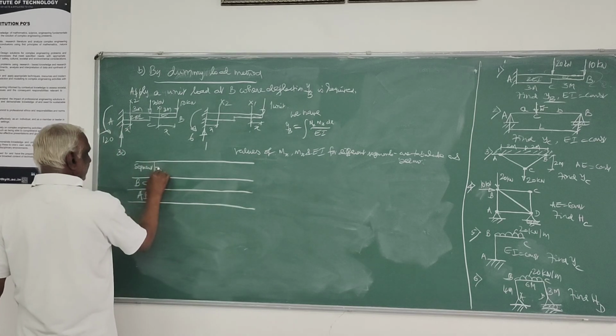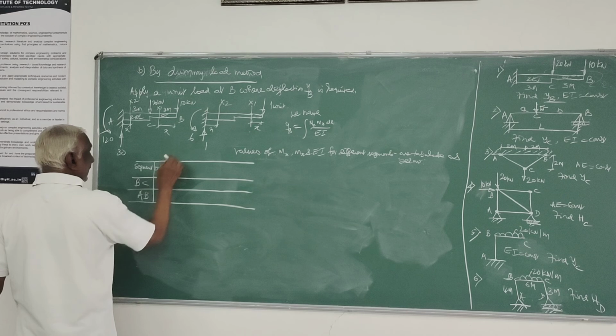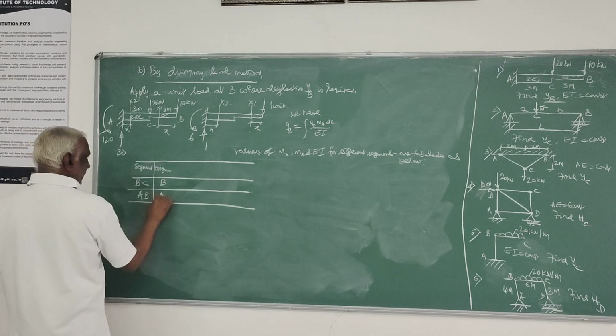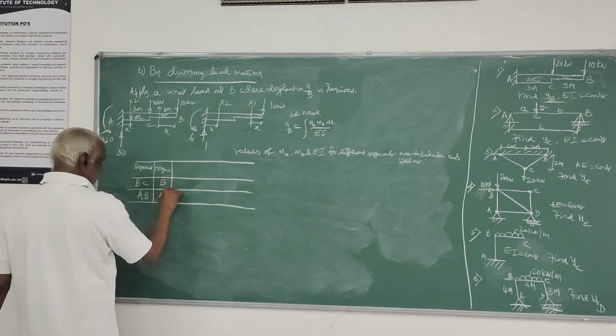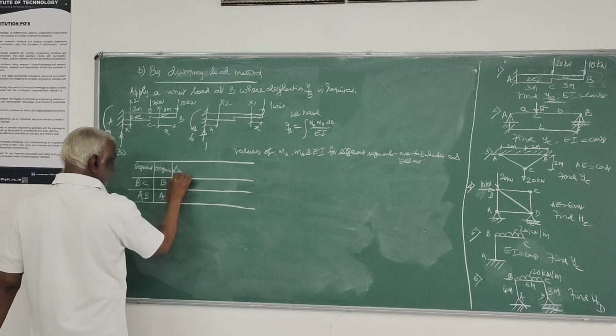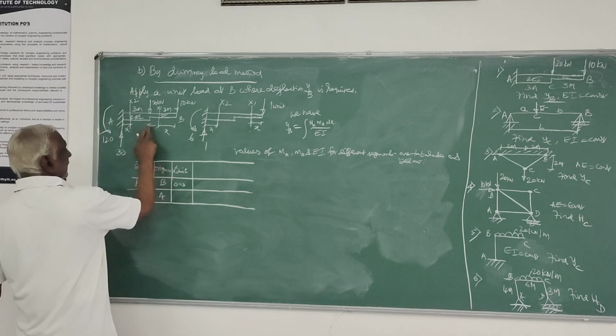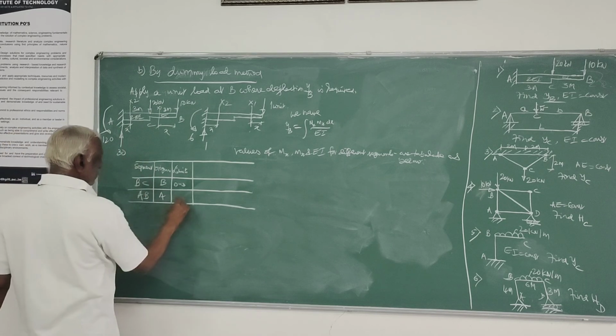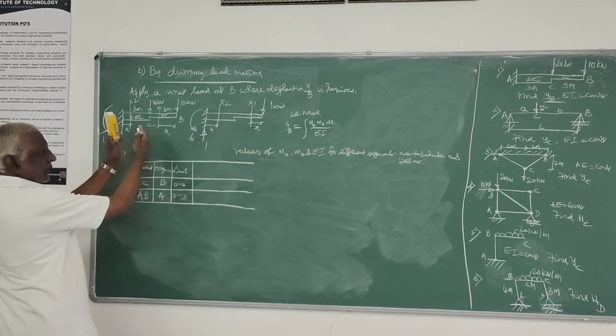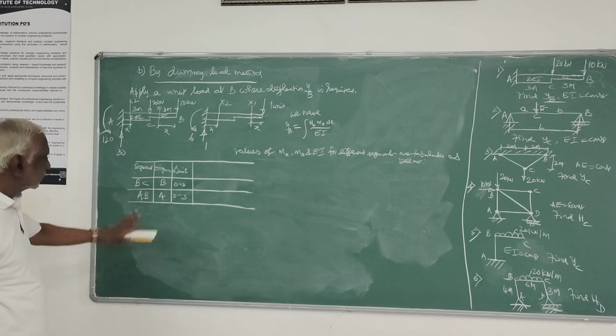So here B I will take as the origin, here A I have taken as the origin. So the limits here are 0 to 3 meters, here also 0 to 3 meters. So the entire beam is covered.